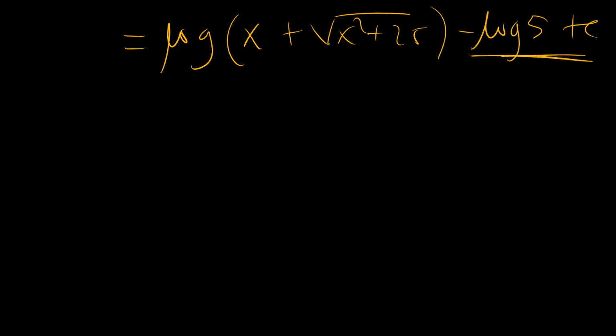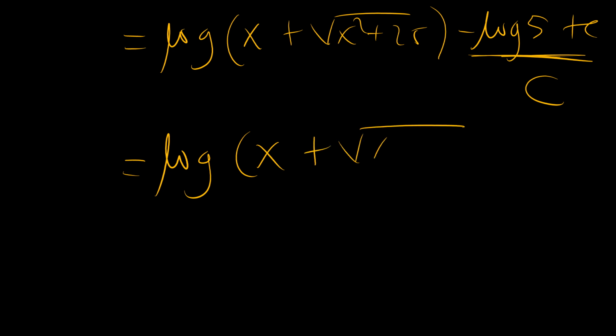This can be bunched together as another constant c, so our answer becomes natural logarithm of x plus square root of x squared plus 25 plus c.